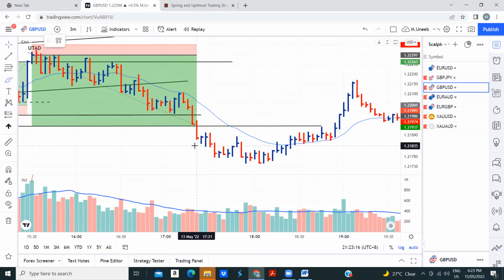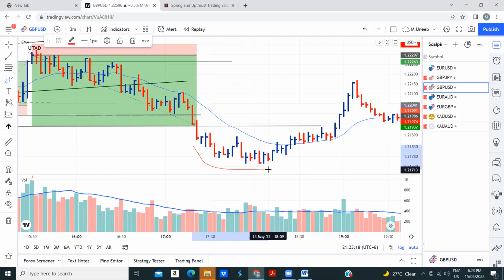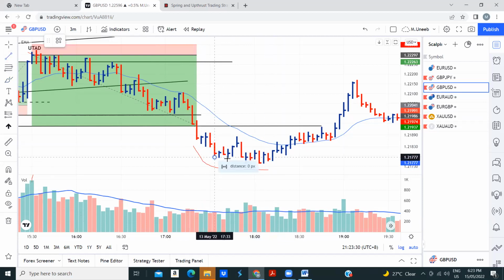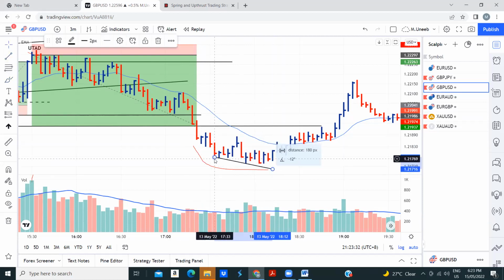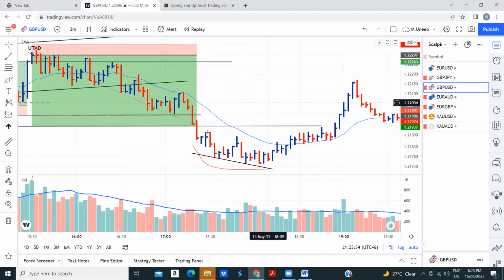This is shortening of the thrust, right? SOT. Can you see? You're making less and less progress to the downside. We can draw the line over here. SOT, shortening of the thrust to the downside, right?